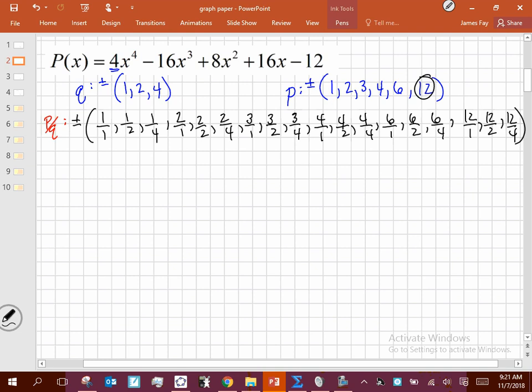So in regards to reducing them, 2 over 2 is just a 1. 2 over 4 is a half. 3 halves, 3 fourths, 4 over 1 is just 4. 4 over 2 is 2. 4 over 4 is 1. 12 over 4 becomes 3. 6 over 4 is 3 halves. 6 and 3. That kind of makes sense to everybody? Okay. So that was reducing them all.